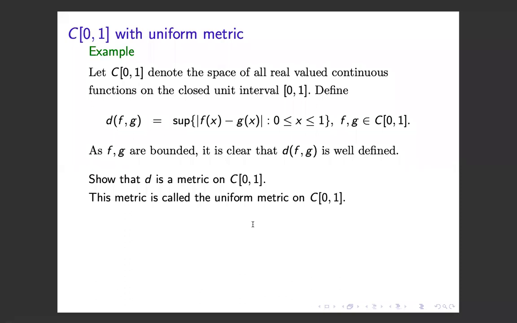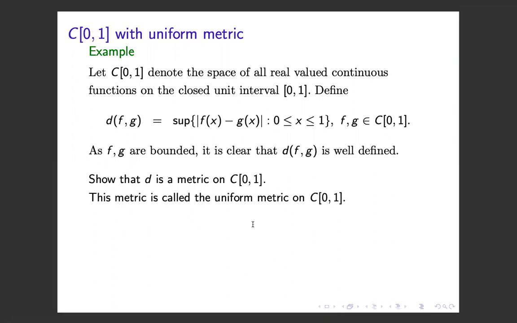In any case, define the distance between two elements f and g in that space as follows: you take the difference between f(x) and g(x), that is the modulus of that difference. This |f(x) - g(x)| is the usual distance on R, because these are real valued continuous functions.